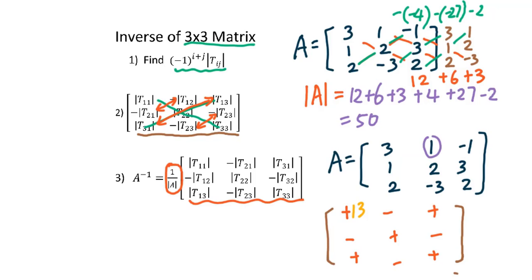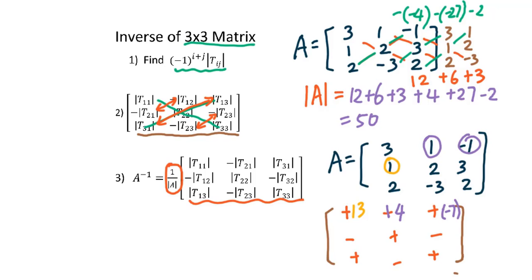Then let's go here. You will get 2 minus 6, which is negative 4, so it will be positive 4. Go to this one. You will get negative 3 minus 4, negative 7. So this will be negative 7.